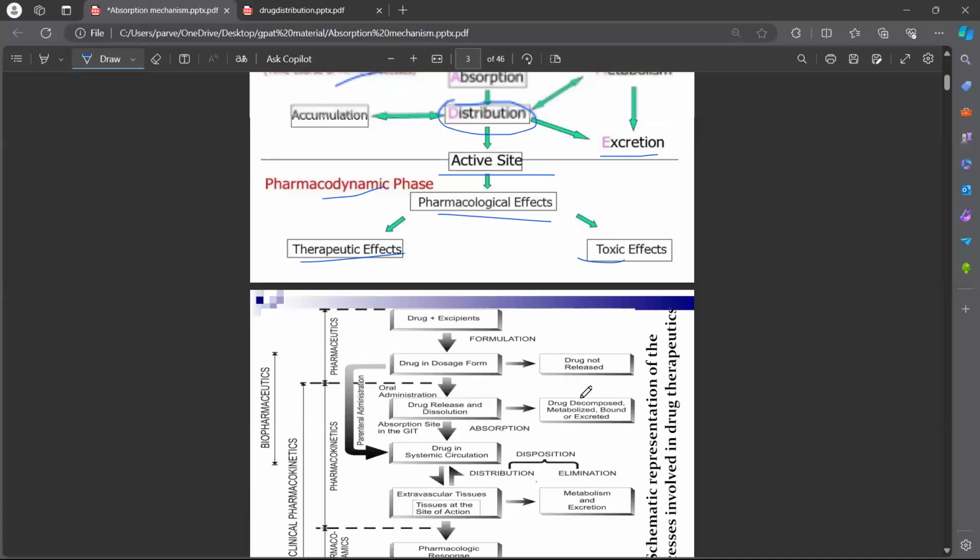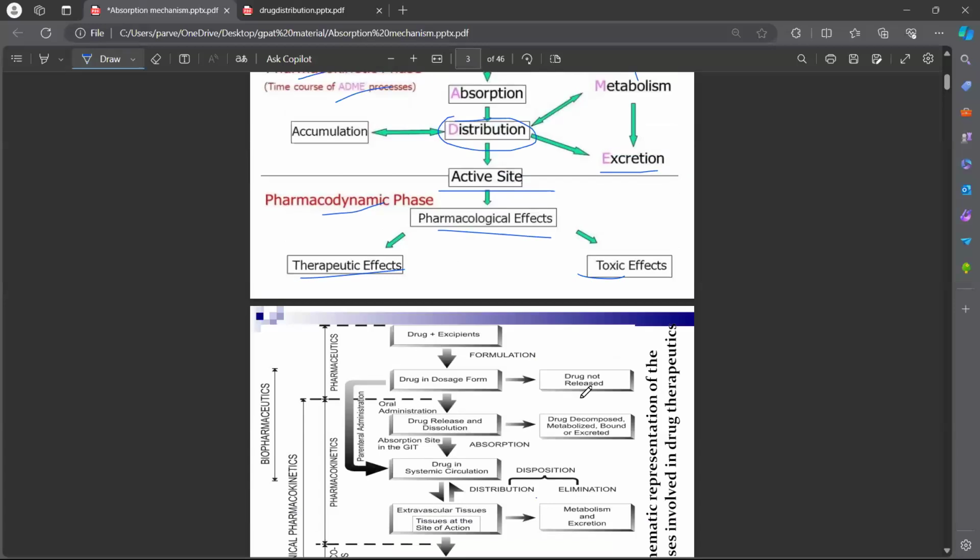There are many challenges associated with administering a drug via an oral dosage form. First, the drug must get released from the dosage form, then it may get solubilized. After solubilization, it should have sufficient lipophilicity to permeate through the enterocyte or intestinal wall. The difficulties faced, we are going to discuss in the upcoming sessions.